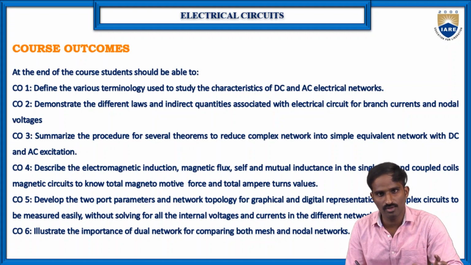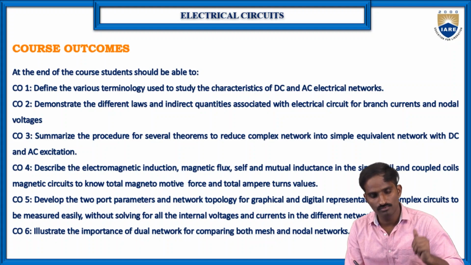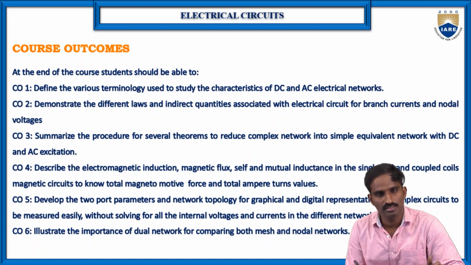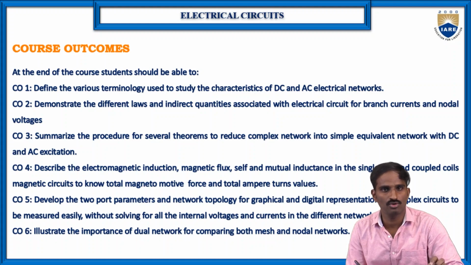After successful completion of the course, the student should be able to do various things in electrical circuits. That's why for every course, the course overview, the course objectives and the course outcomes are very, very important in the outcome-based education system.